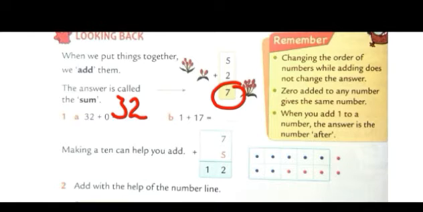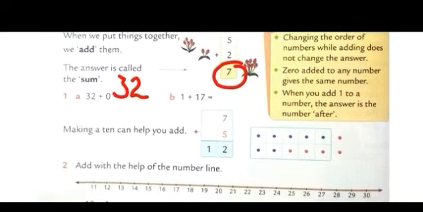See the next one, 1 plus 17. Now here, when you add 1 to a number, the answer is the number after. For example, you are adding 1 to 17. So, what will be the answer? When you are adding 1 to 17, what is the number that comes after 17? 18.